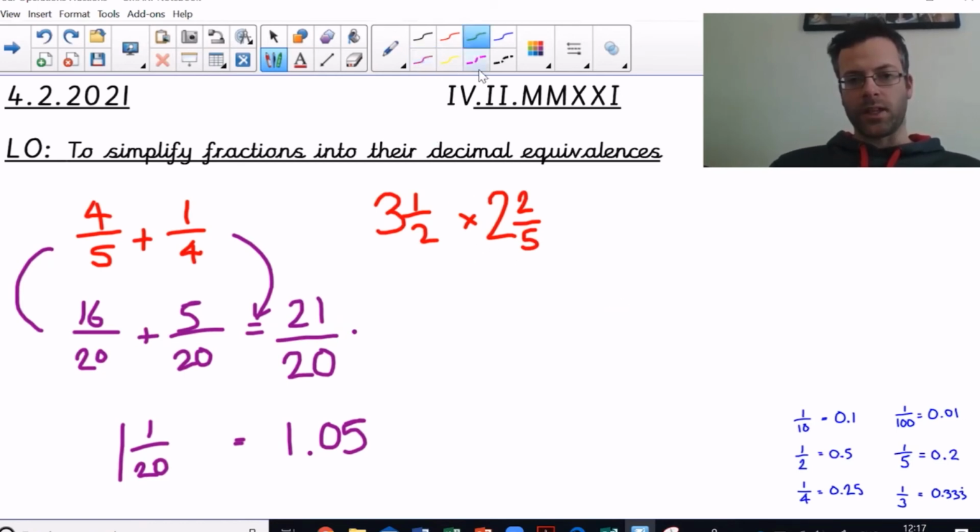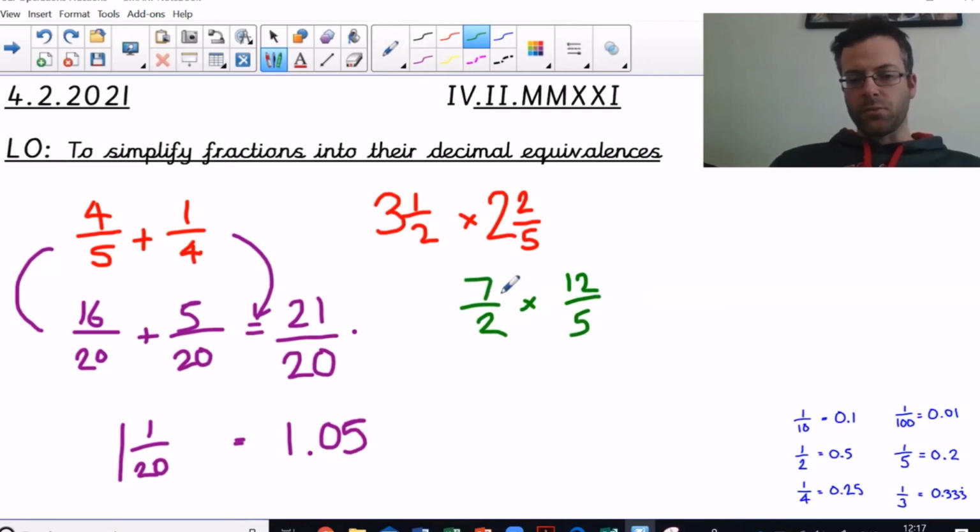Let's quickly do this one together. So before I multiply it, I'm going to convert them to improper fractions. So there's going to be 6 halves in 3 wholes plus that one, so 7/2 times, well, there's going to be 10/5 in 2 wholes plus those 2, so 12/5.